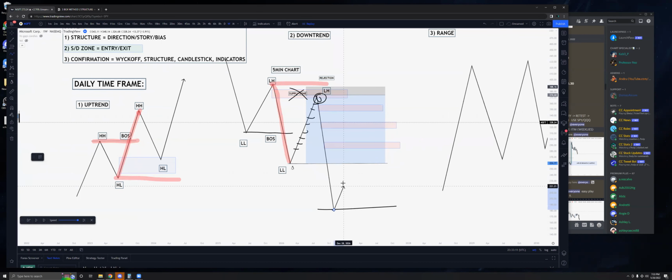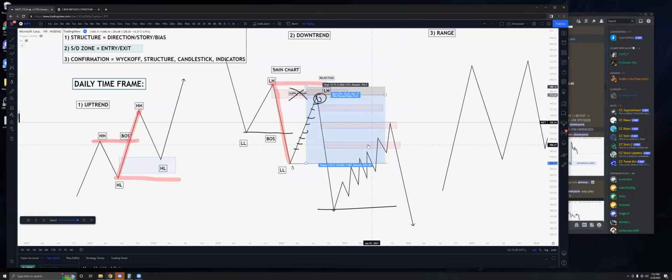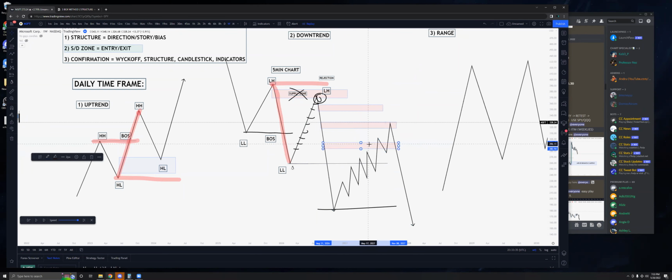So now that price does this, and let's just say it does this, you could see that this one right here, you had a supply zone here. So let me delete this one. You had a supply zone here, but it failed. It failed to hit it, and it just sliced through. If price just sliced through that supply zone, this is invalid.